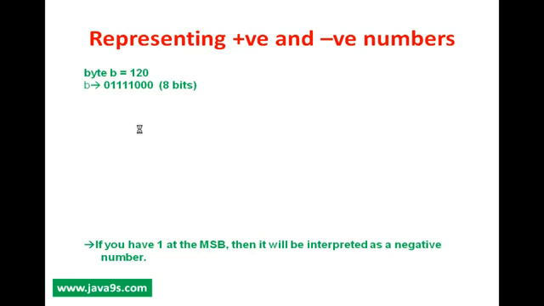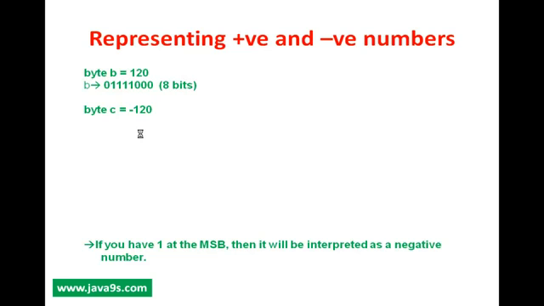Here you can see that byte B is equal to 120, and B is going to store the binary pattern of 120. It's 0 1 1 1 1 0 0 0. And when it comes to negative numbers, like when byte C is equal to minus 120 has to be stored, please remember that the 2's complement will be applied, and then the binary representation of that number will be stored.